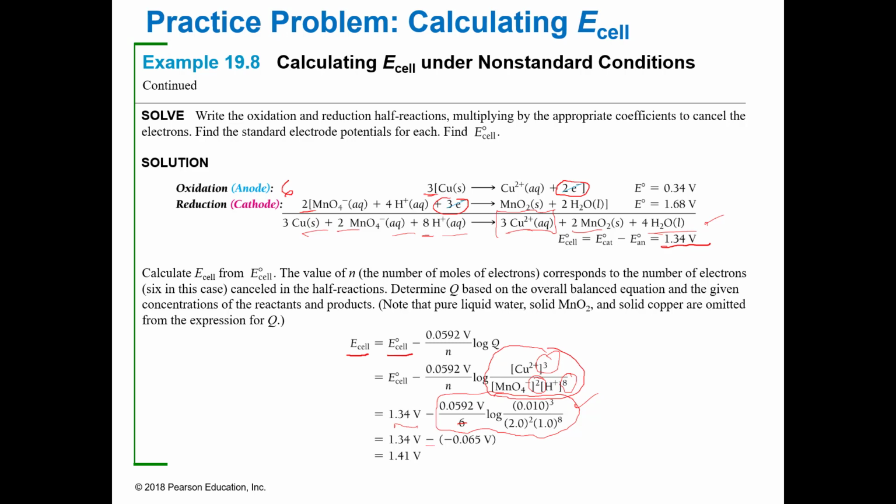And minus a negative makes it a positive, and so our new cell potential is 1.41 volts. All right. 1.41 volts. We actually increase the voltage of the cell.